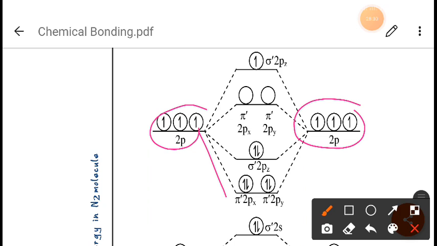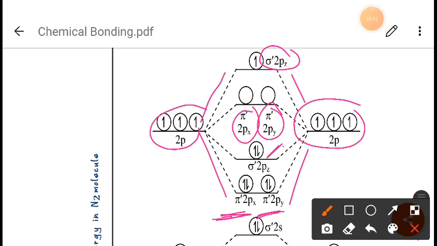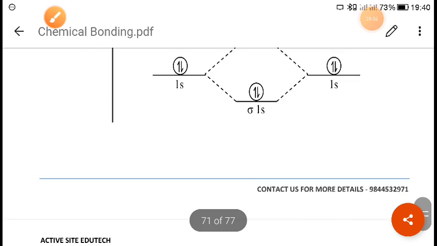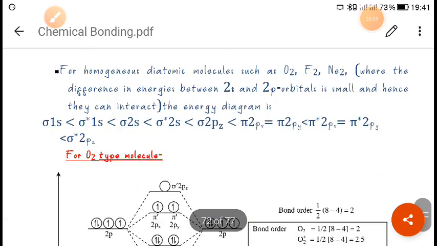Here you can see pi star 2px and 2py, and here sigma star 2pz, and here again sigma star 2pz, and pi star 2pz 2px, and pi star 2pz 2py. In this way we have to fill it.